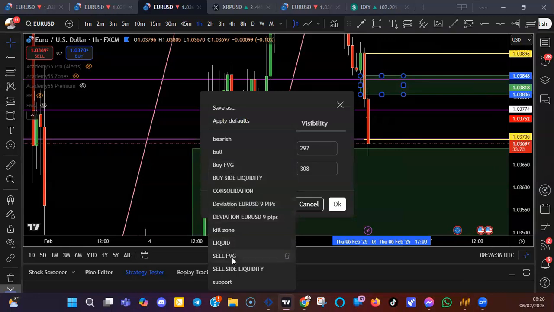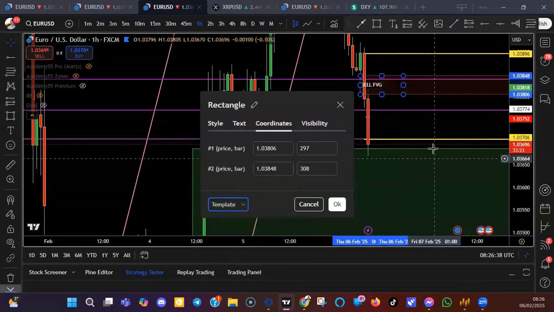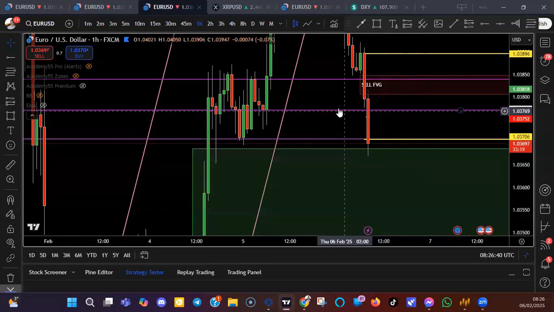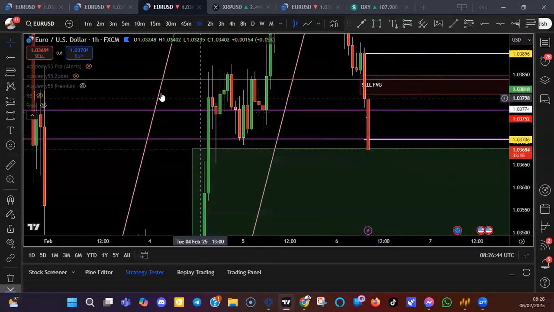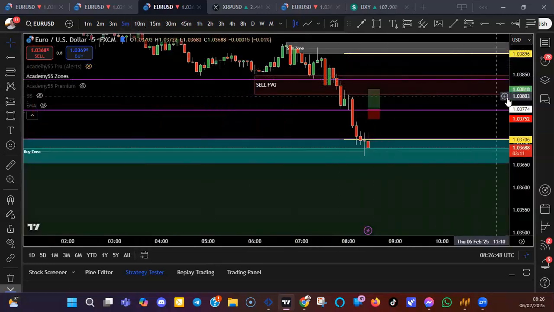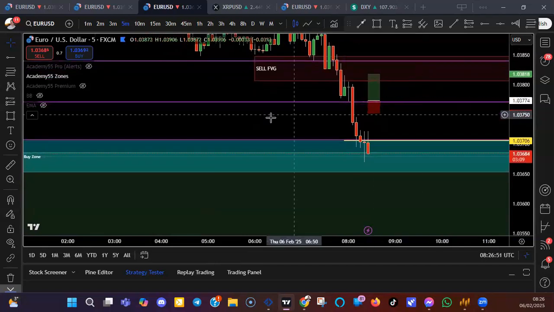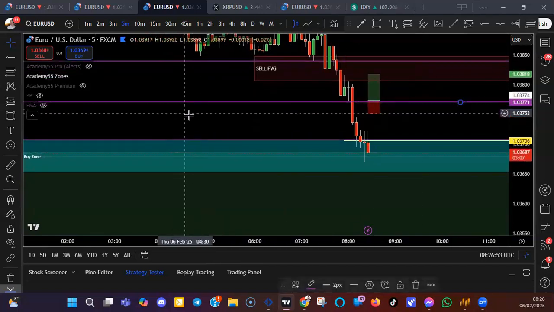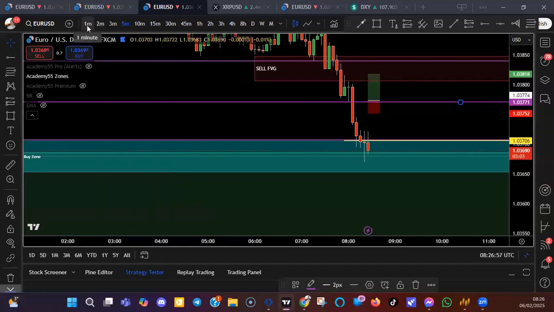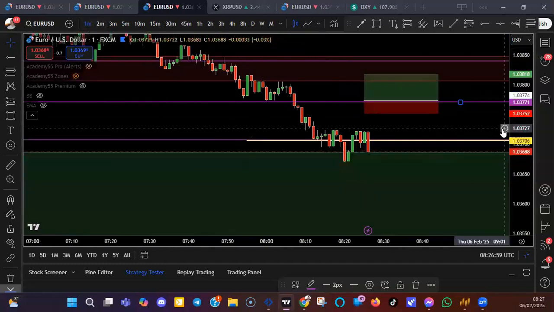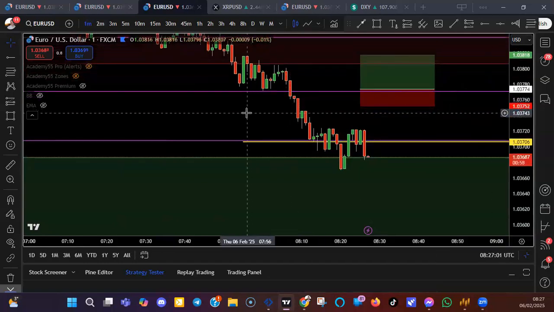It's a sell FVG, which stands for fair value gap, which means it's just an equalizing gap, basically. So we go down to the 5 minute again. So here is where we are. Down to the minute again.